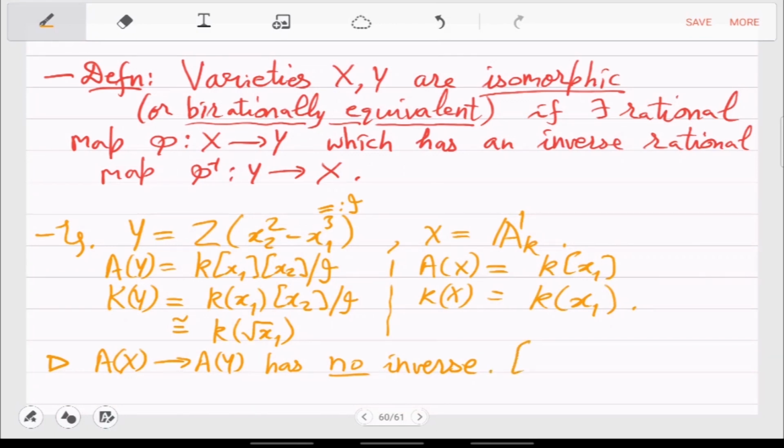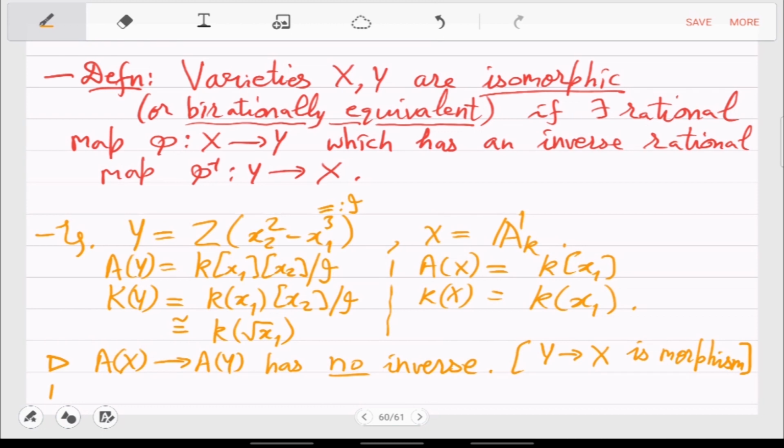Which means that this Y to X is a morphism, that much you deduce. But there is no morphism from X to Y. Right, because if there was a morphism from X to Y, then you would have to have a homomorphism from A_Y to A_X. But there is no reverse map.